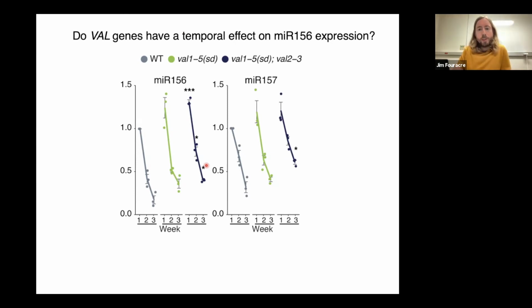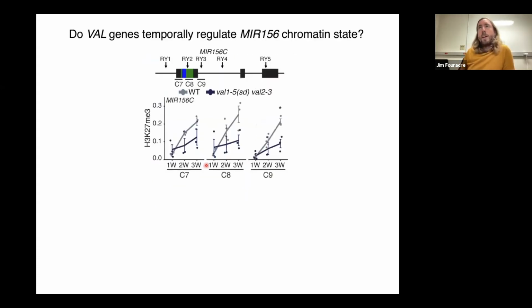So the next thing I wanted to test was, okay, Val1 and Val2 don't appear to be necessary for the temporal decline in miR156, but do they affect the temporal patterns of histone deposition that I've talked about? The first thing I tested was the activity of PRC2 via H3K27 trimethylation, in this case at the MIR156C locus. This is a schematic of MIR156C, and you can see that dotted along the locus are 5 RY sites, which are the DNA binding sites for Val genes.